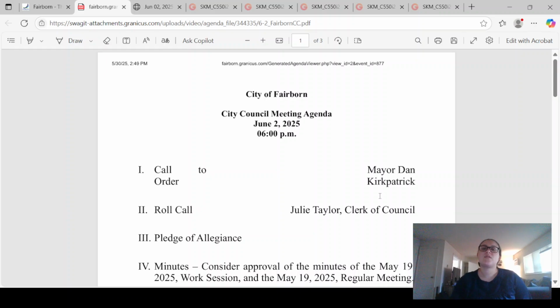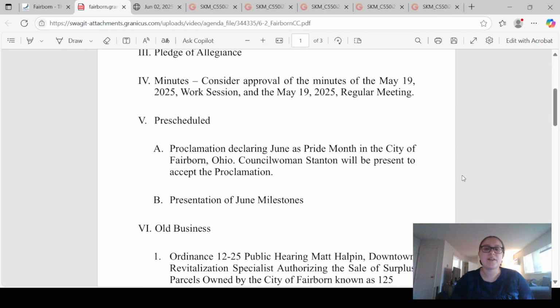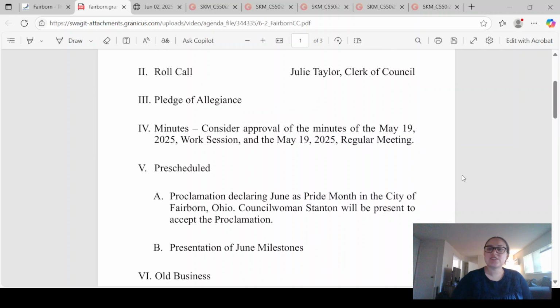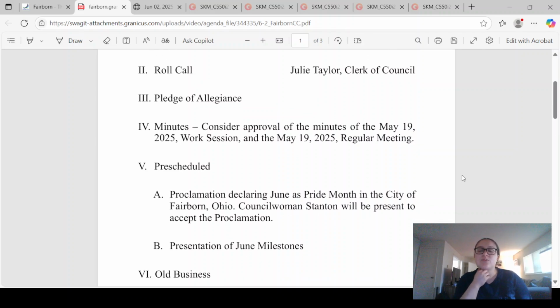So this is what a normal city council meeting agenda looks like. The text is usually a lot smaller, but this is what we're working with today. So after the call to order, the clerk of council takes the roll call, and if someone's not here, she gives an explanation, and the council votes to excuse that person from the duty.